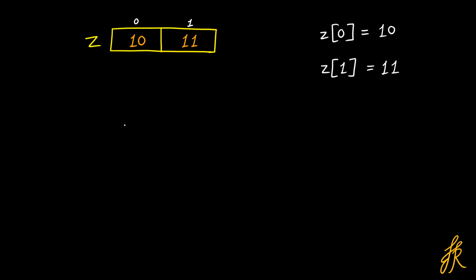Let's just use some conventions. Star of Z plus 0. Now, what is Z? In a 1D array, Z indicates the base address of the 0th element. So what is the address of the 0th element?